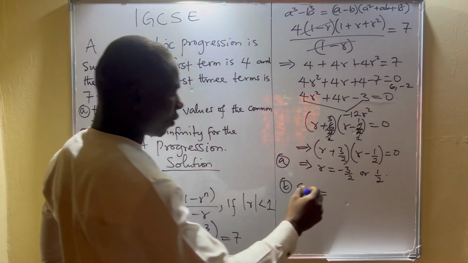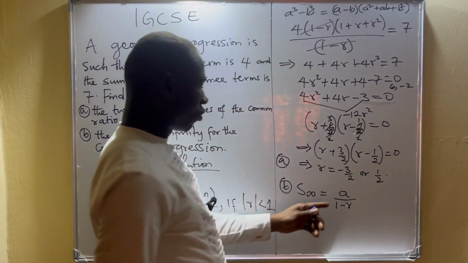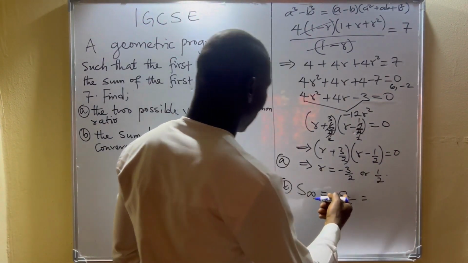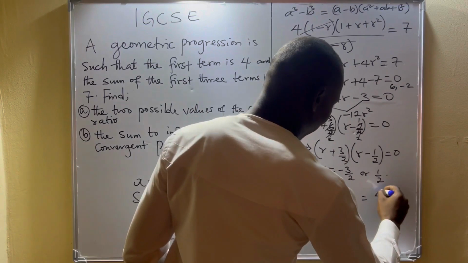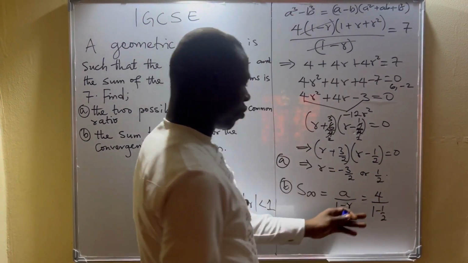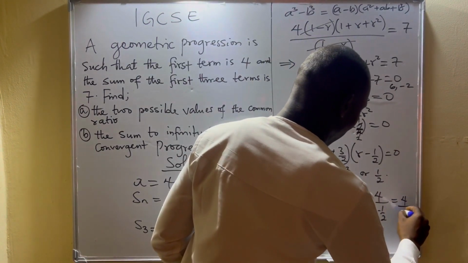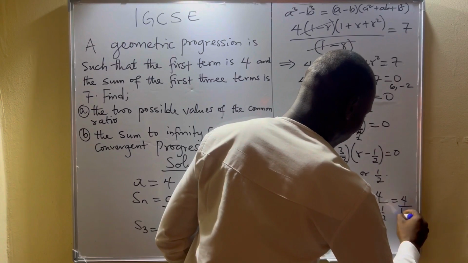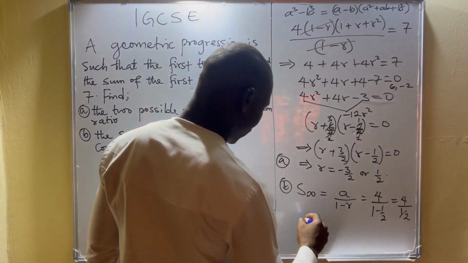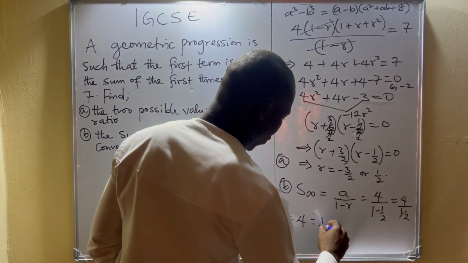Then our sum to infinity is a over 1 minus r. So this is the r we are working with, a half. Our a is 4. We have 4 over 1 minus 1/2. So if you do that, you have 4 over 1/2. I can rewrite this as 4 divided by 1/2.